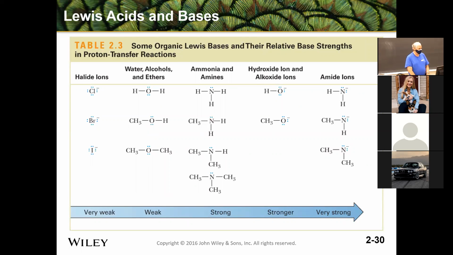Some common Lewis bases: most of these will have a non-bonding pair of electrons. The only examples not shown are those that have a double or triple bond. You can donate a pair of electrons from a double or triple bond. But all of these have a non-bonding pair of electrons.